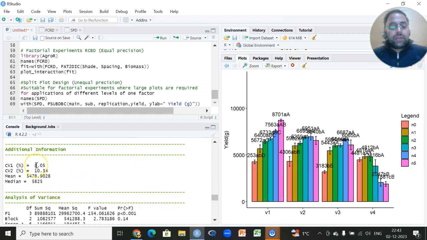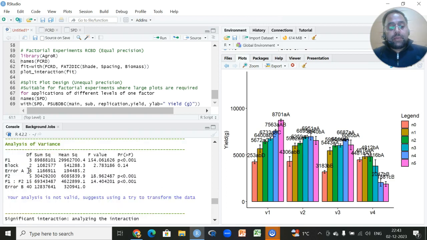As with the Factorial CRD results, we have additional information for coefficients of variation. We have two, since we have two separate factors here, the main plot and the subplot. Then we have an ANOVA table, and you can see we have two different types of errors, one for the main plot and another for the subplot.